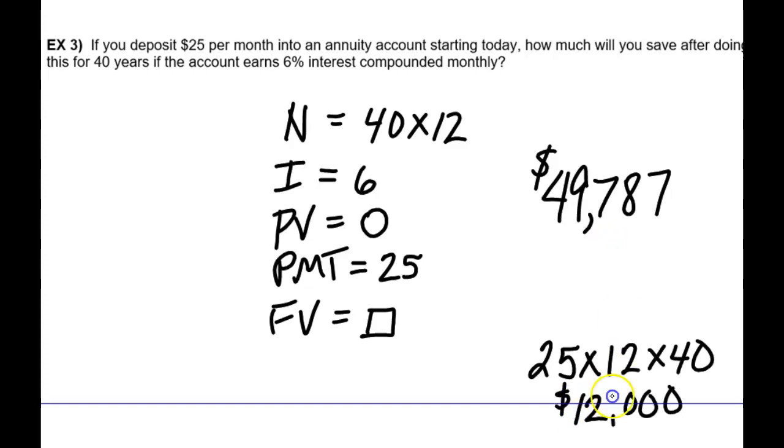Okay. So you put $12,000 in, but you ended up with $50,000. That's not just because you were getting 6% interest. It's because some of that money sat in there for a really long time compounding. Does that make sense? The sooner you start saving for retirement, the better, or for college or whatever.